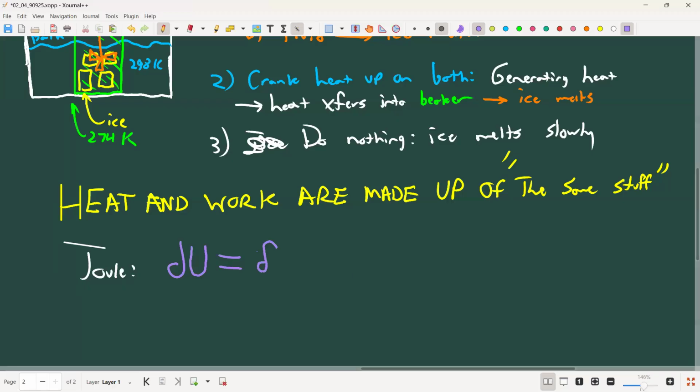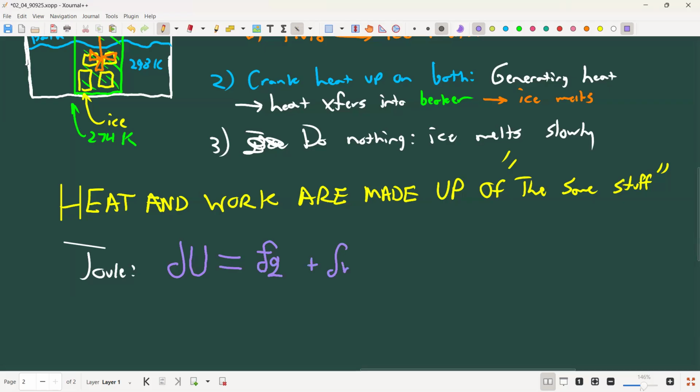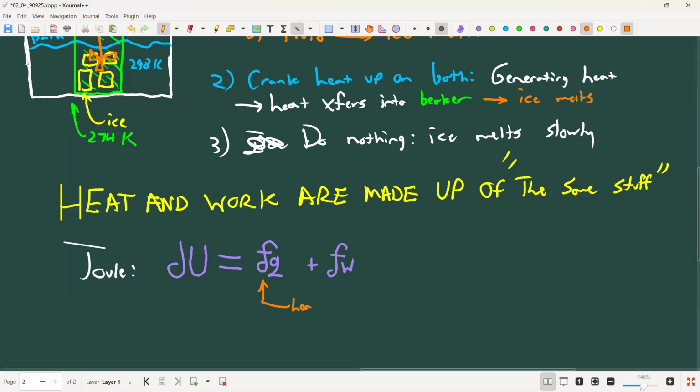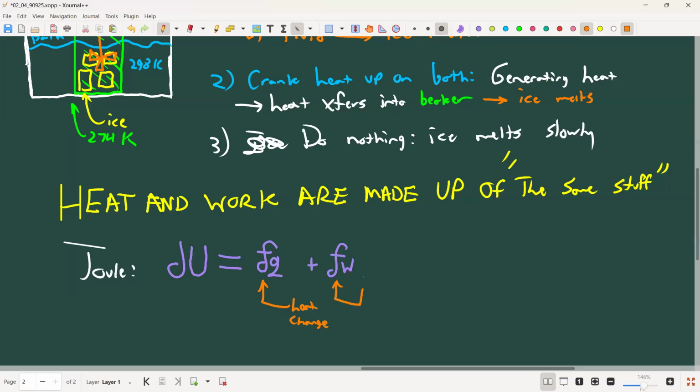Now I'll label this with a special label. One is dq, the change in heat, plus dw, the change in work. So this is heat change, and this is work change.